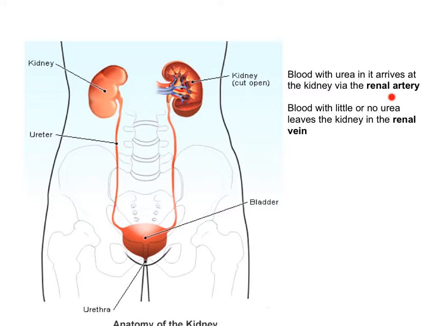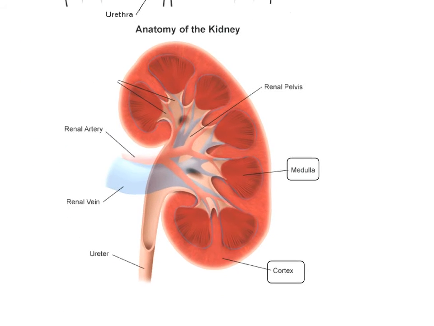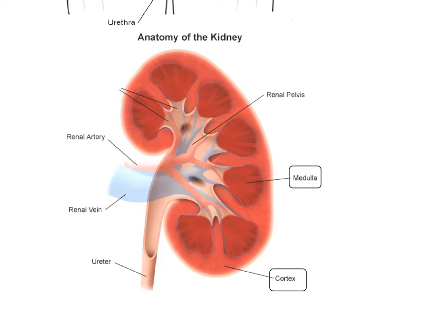From GCSE, you know it is the renal artery that brings blood to the kidneys and the renal vein that takes it away. At A level, you are required to know a bit of detail of the internal structure of a kidney. So there's a kidney that has been cut open. Now, if you dissect a kidney, you'll not see this detail. But there's two main areas. There's an outer zone called the cortex and an inner region called medulla.